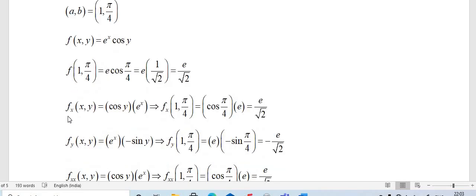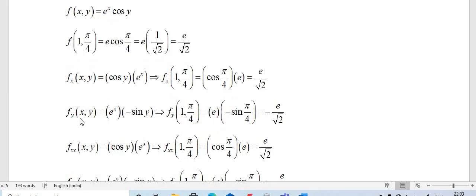Here also we are finding the partial derivative with respect to x. The partial derivative at 1 comma pi by 4 is e by root 2. Again we find out fy, that is this one. Fy at 1 comma pi by 4 is minus e by root 2.